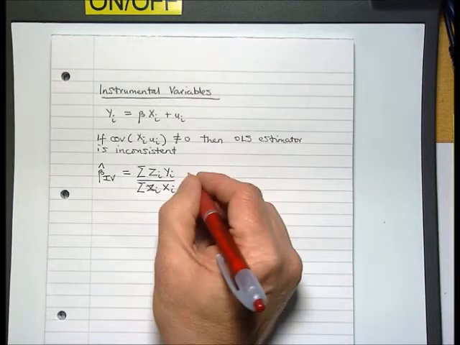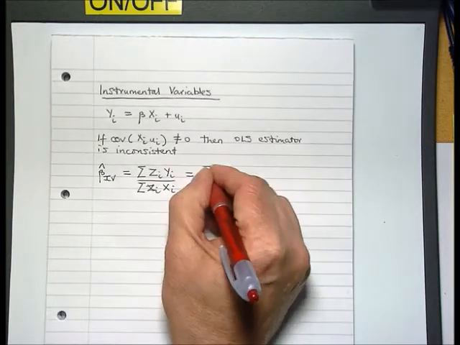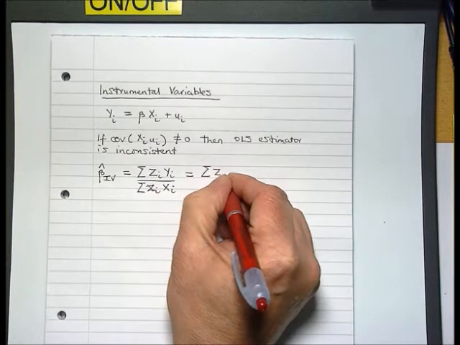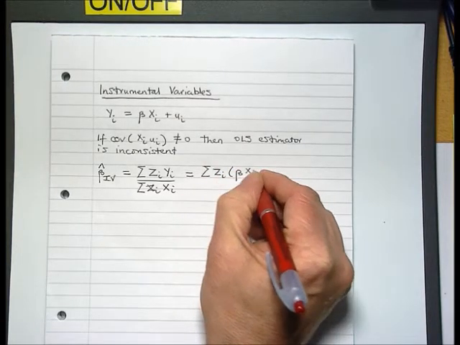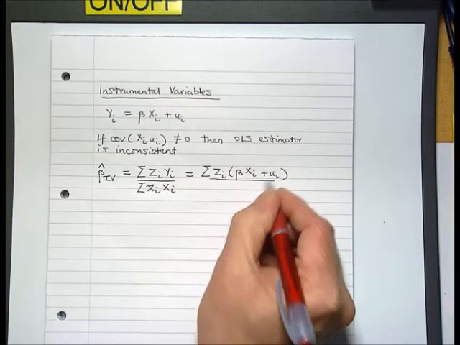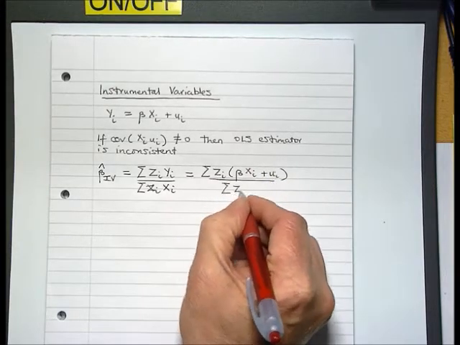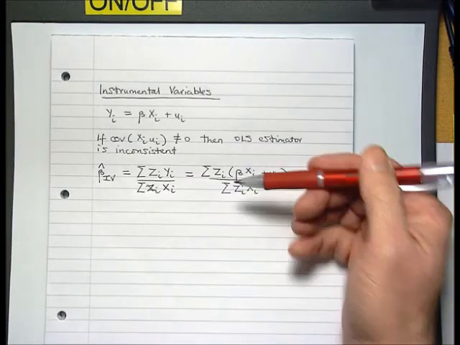Okay? So how do we establish that this is consistent? Well, we substitute for y from our original model. So we write this as the sum of zi times beta xi plus ui, again divided by the sum of zi times xi.